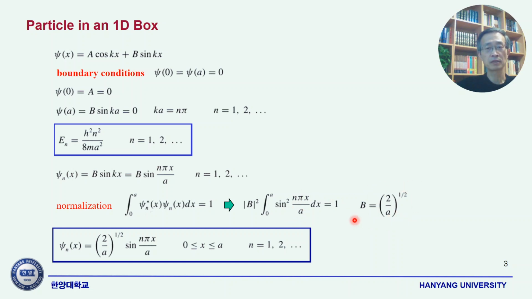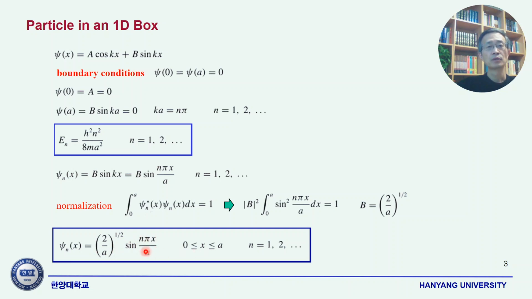Now we determine the constant b. Then having this in here, psi n of x equals the square root of 2 over a sine n pi x over a.